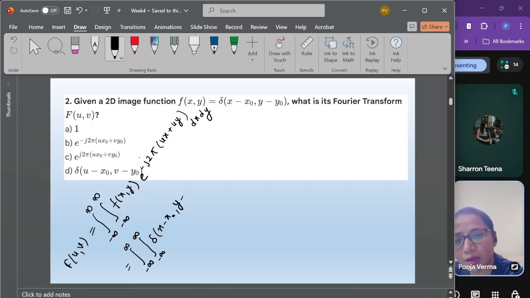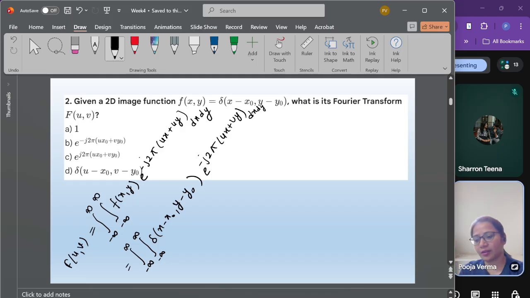And y minus y naught, e to the power minus j 2 pi (ux plus uy) dx and dy, right?